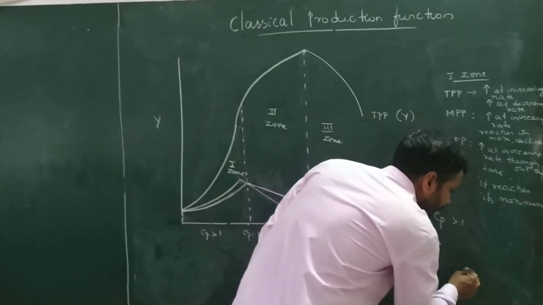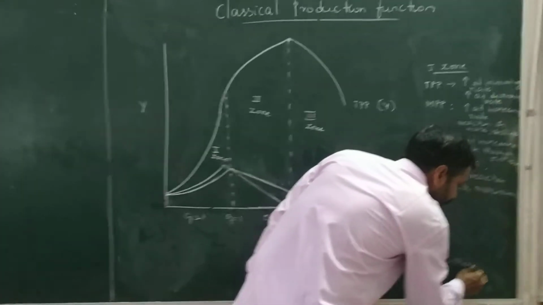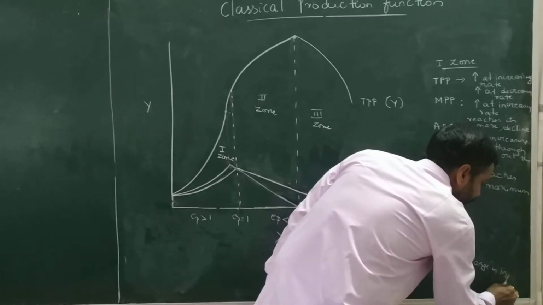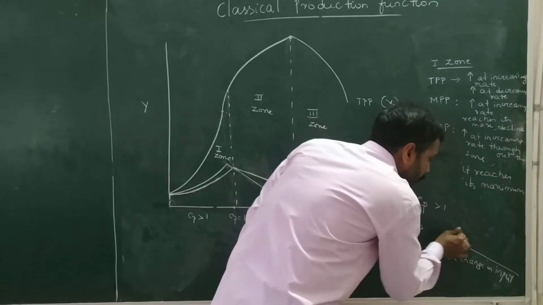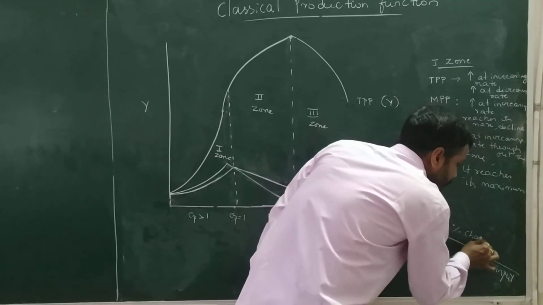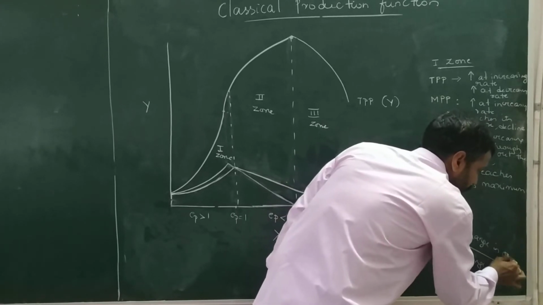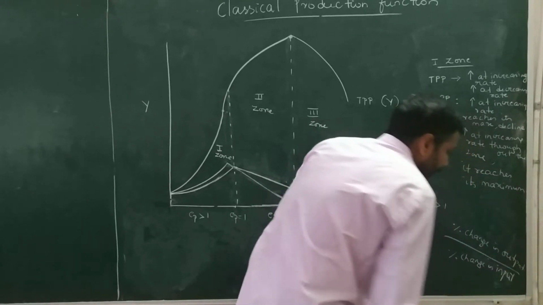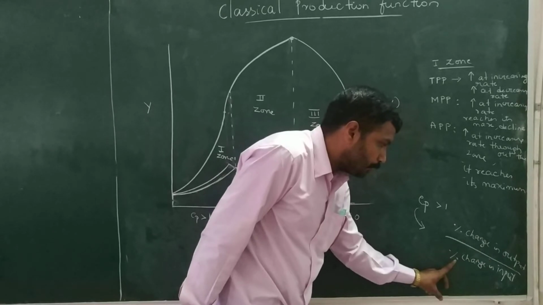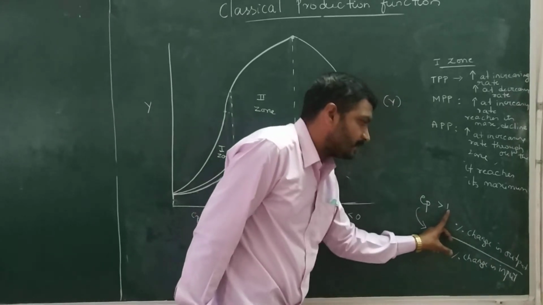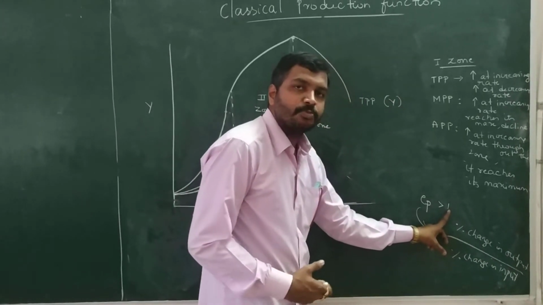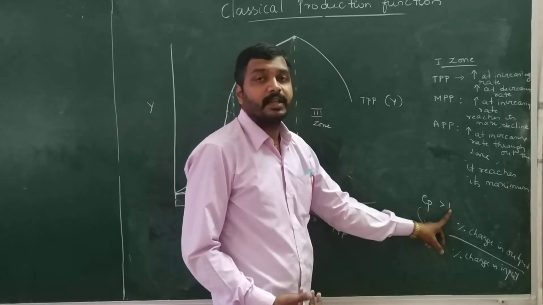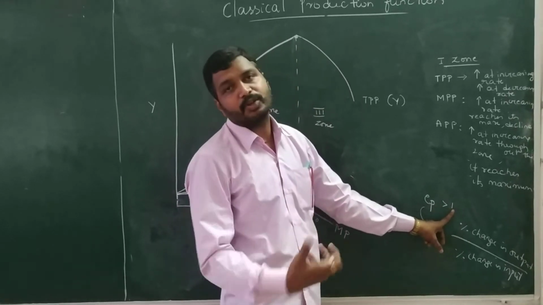Elasticity means percentage change in input, and what is the resulting percentage change in output? If the percentage change in output due to percentage change in input is more than 1, it is considered to be a positive sign on the part of the farmer that he should continue application of input.